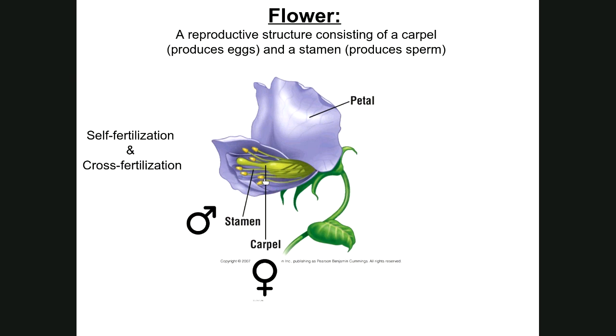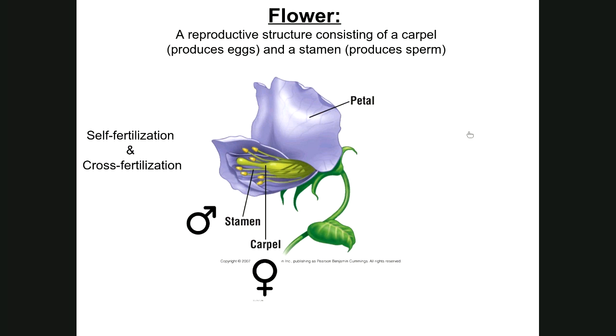It's at the anther, or these little yellow tips they're showing you here, where sperm are produced. Now, sperm are actually encased within pollen. So when you hear about pollen being dispersed, what's in the pollen contains sperm that allows it, if it lands on the same flower right here at the carpel or a different plant, allows fertilization to occur.